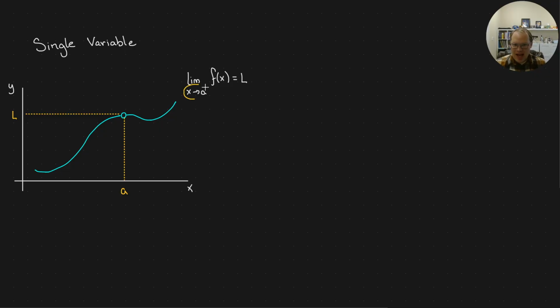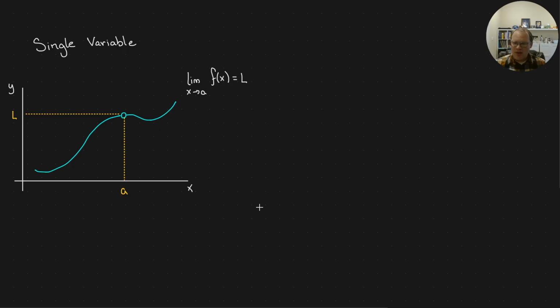That means as x gets close to A, then the y value is getting closer and closer to L. The function value, the point that it spits out, is getting closer and closer to L.